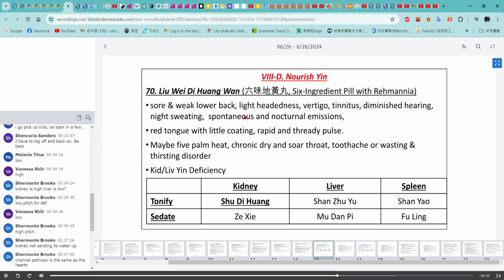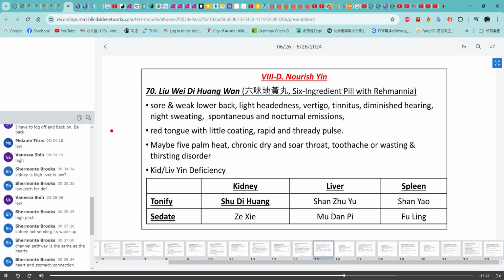And the toothache, why toothache? No, actually, it's kidney.